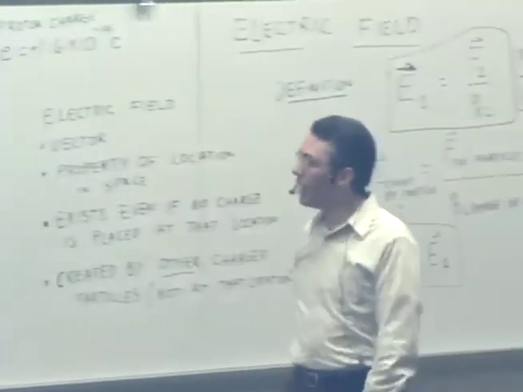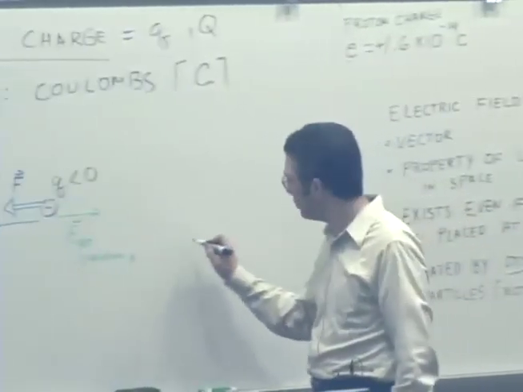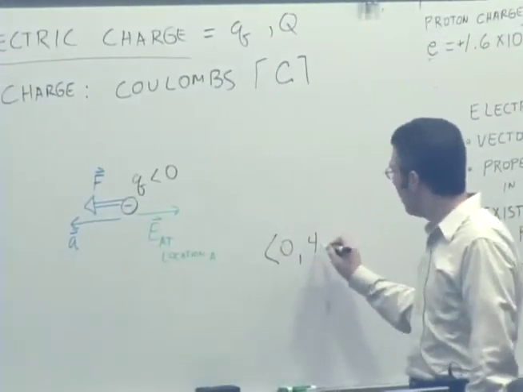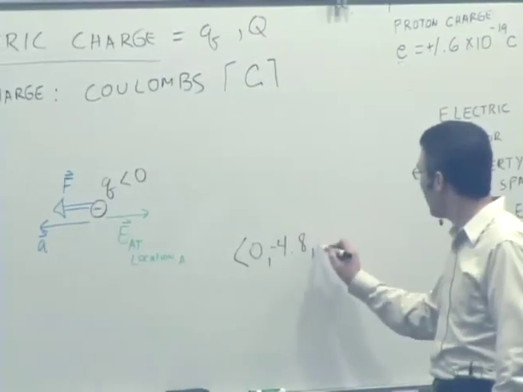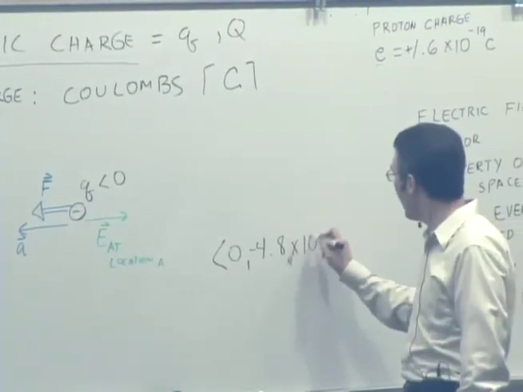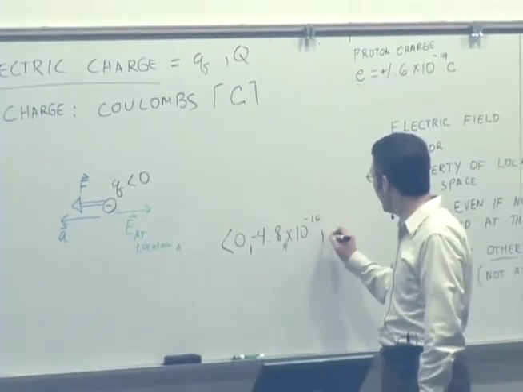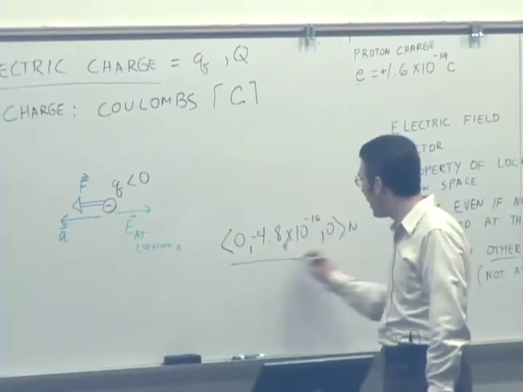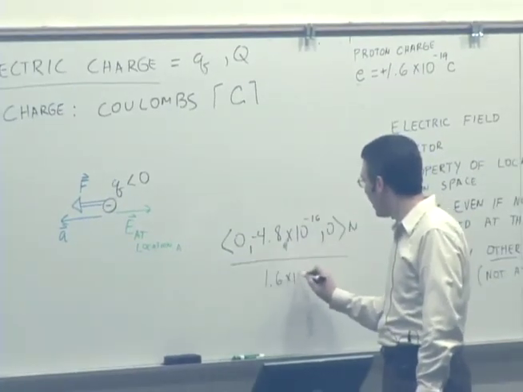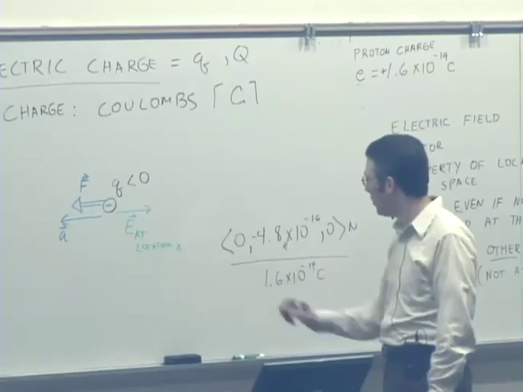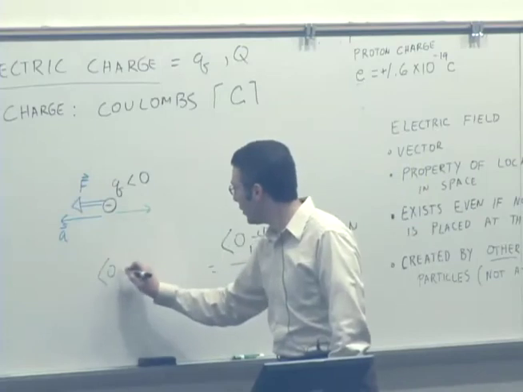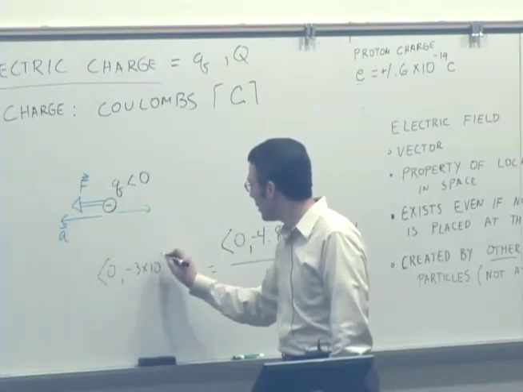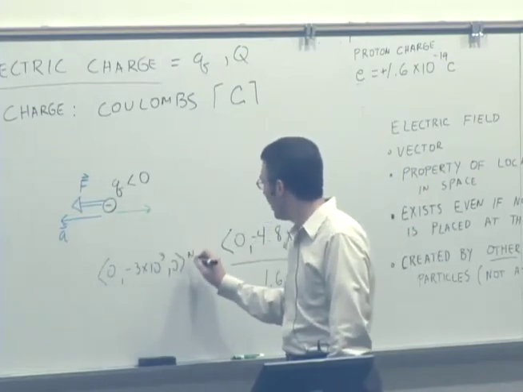So we have <0, -4.8 times 10 to the minus 16, 0> newtons divided by 1.6 times 10 to the minus 19 coulombs gives you an electric field of <0, -3 times 10 to the 3, 0> newtons per coulomb.